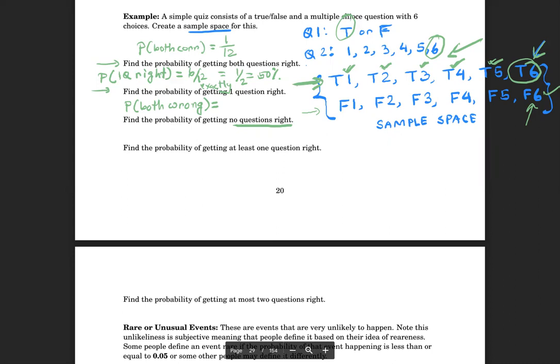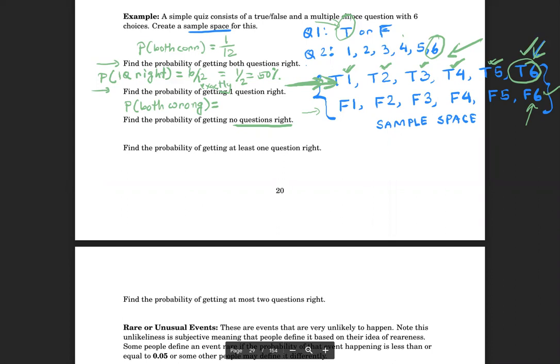The first question has the correct response of T, true, and everything in the first row has T. So everything in the first row has at least one correct, and this one has 2 correct.